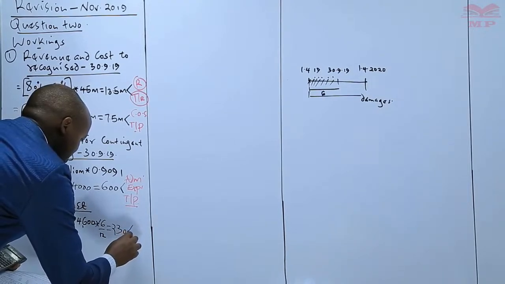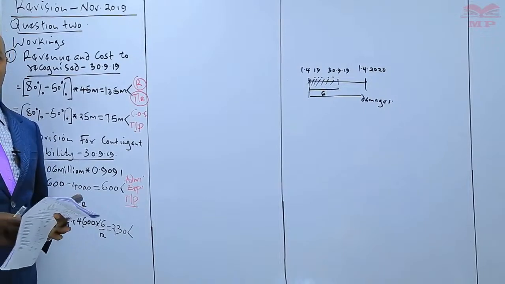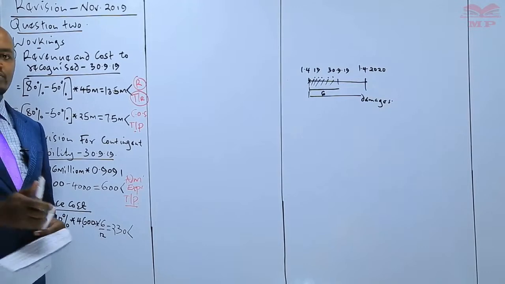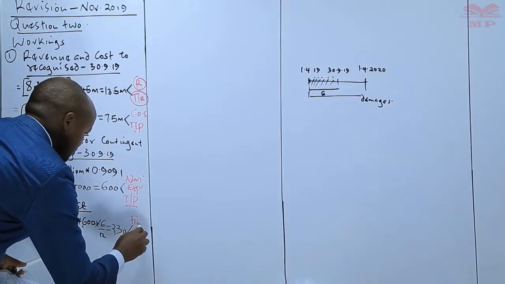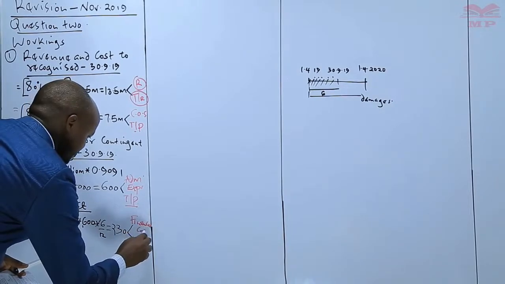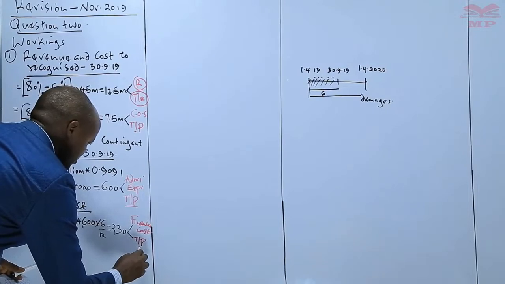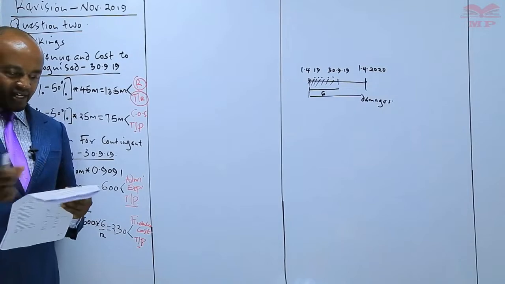Now, this 230 will be included as part of the finance cost, and because it has not been paid, it will also be recognized as part of the trade payables. So in our case, we are through with that particular point.